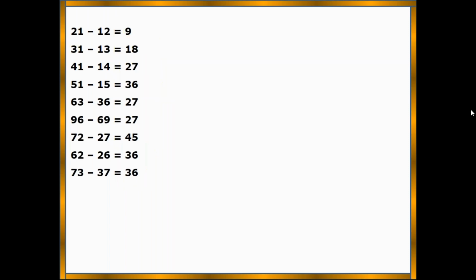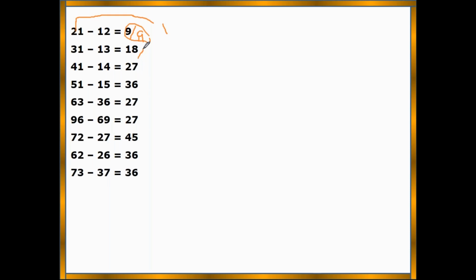So if it is a multiple of 9, please concentrate. 9 by 9 is how much? 1. So 9 by 9 is 1, and that is the difference between the two digits, 2 minus 1.